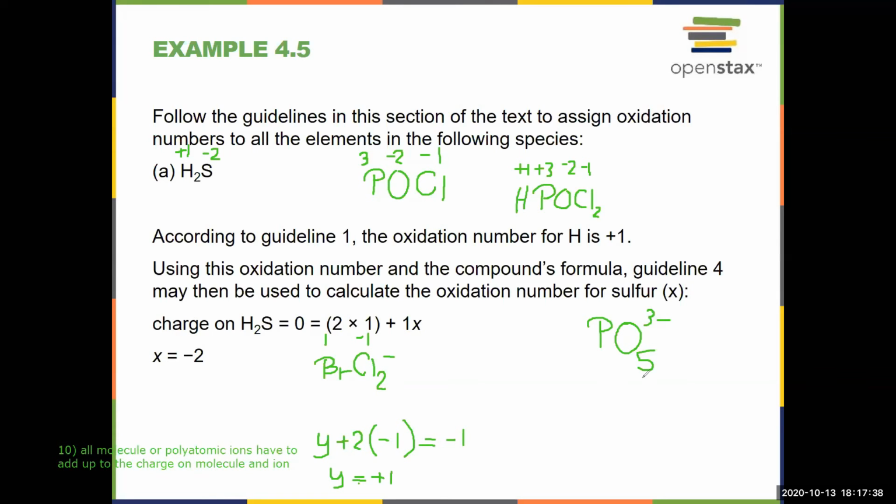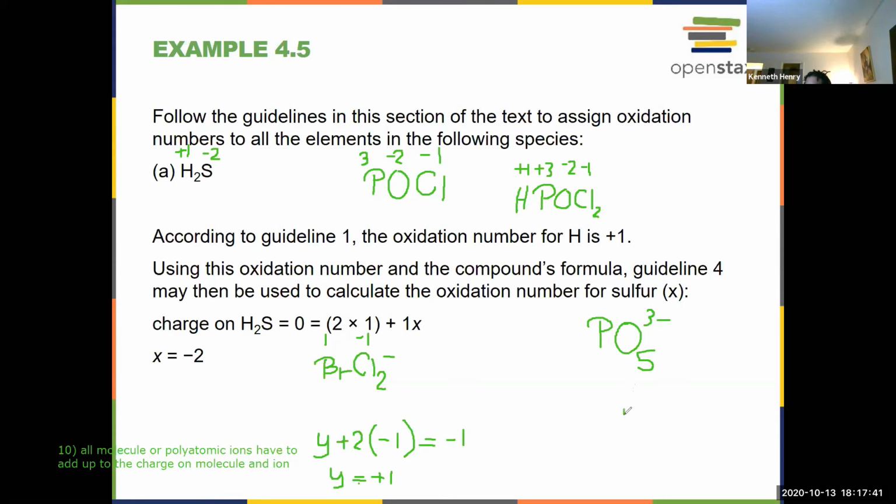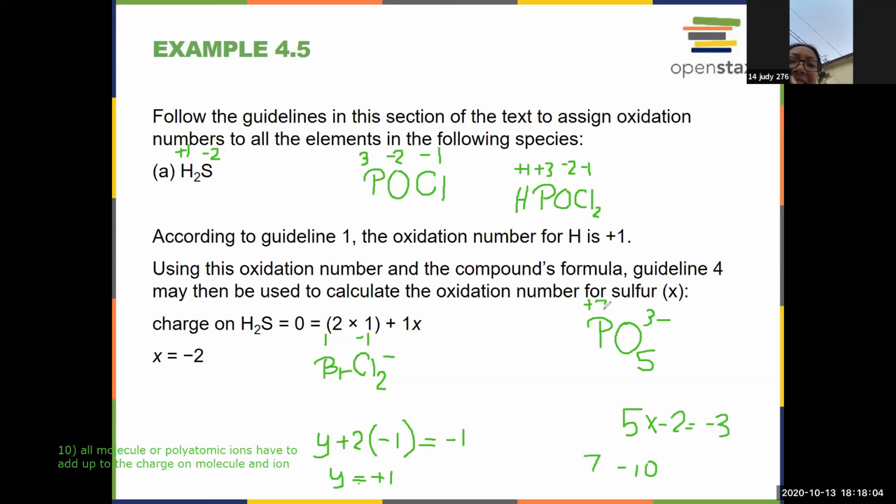It's positive 7. So we have 5 times negative 2 equals -10. So for us to balance, you said positive 7. That is correct. Good job. Questions, concerns?